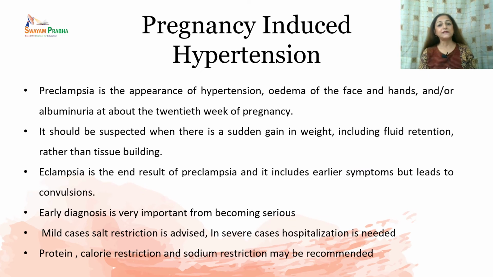Preeclampsia is the appearance of hypertension and edema of the face or hands, and it could be accompanied by albuminuria. This happens at about the 20th week of pregnancy. It should be suspected when there is sudden weight gain, including fluid retention rather than tissue building in the mother. Eclampsia is the end result of preeclampsia. It includes all these earlier symptoms, that is edema of the face and hands, but it leads to convulsions.